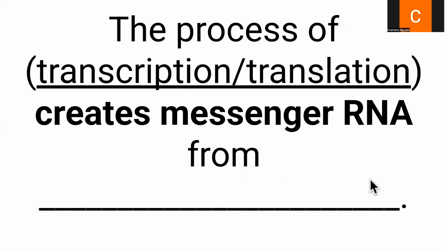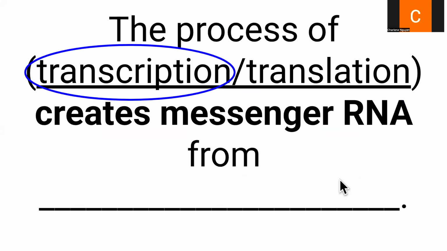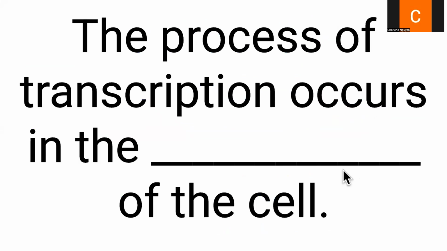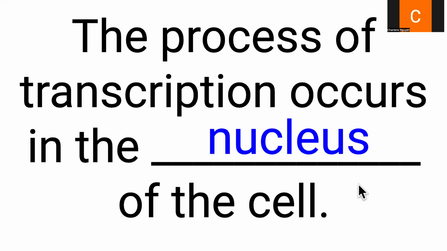So, a little bit of review, the process of what creates messenger RNA from what. The process of transcription creates messenger RNA from DNA. The process of transcription occurs where in the cell? The process of transcription occurs in the nucleus of the cell.